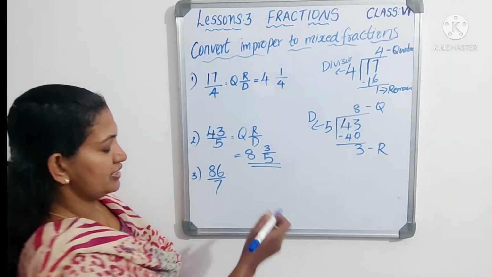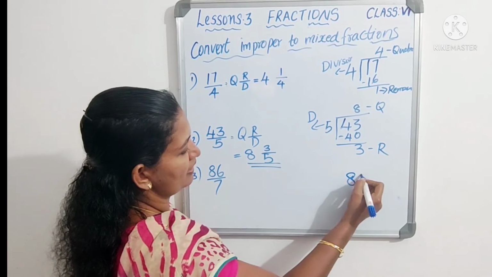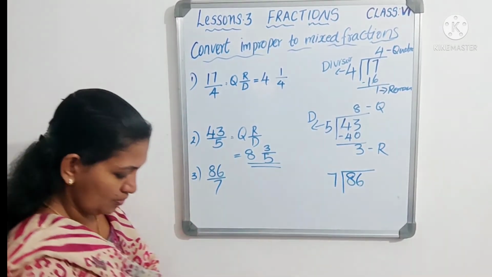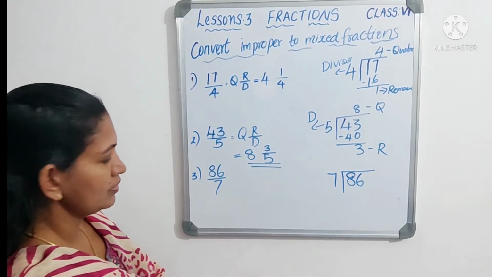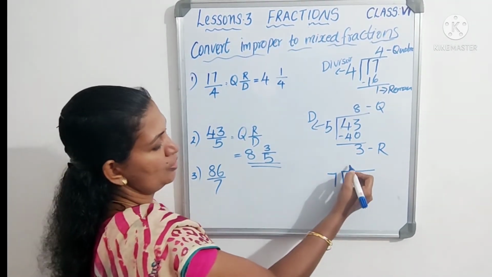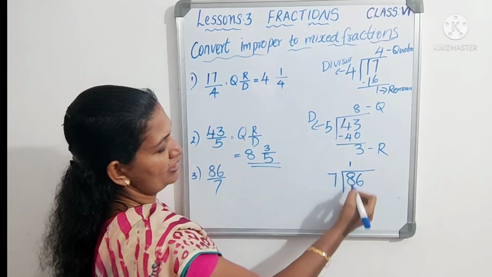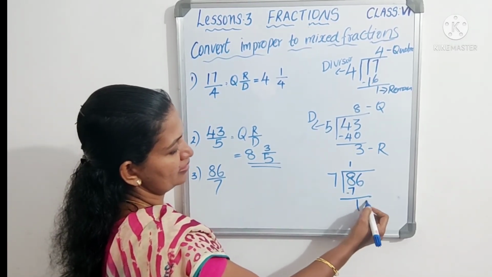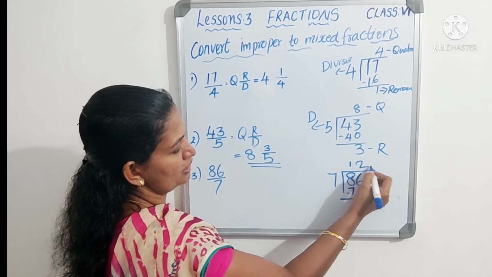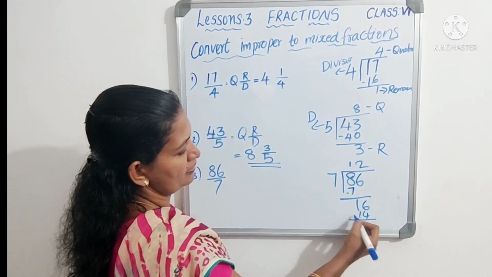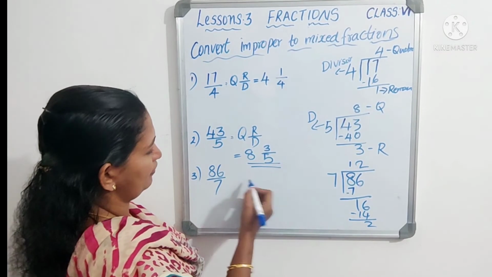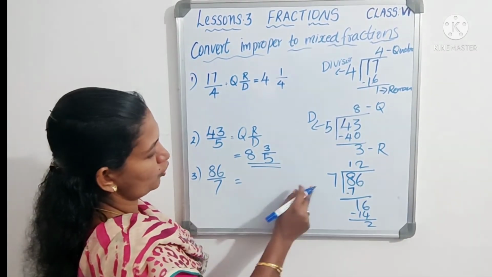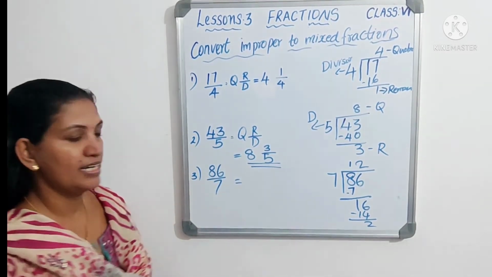Okay, next question, 86/7. We know that in 8, 1 7 is there, then again subtract, we get 1. Then 16, 2 7s are 14, again subtract, we get 2. So we got remainder 2, quotient 12 and 7 is the divisor.